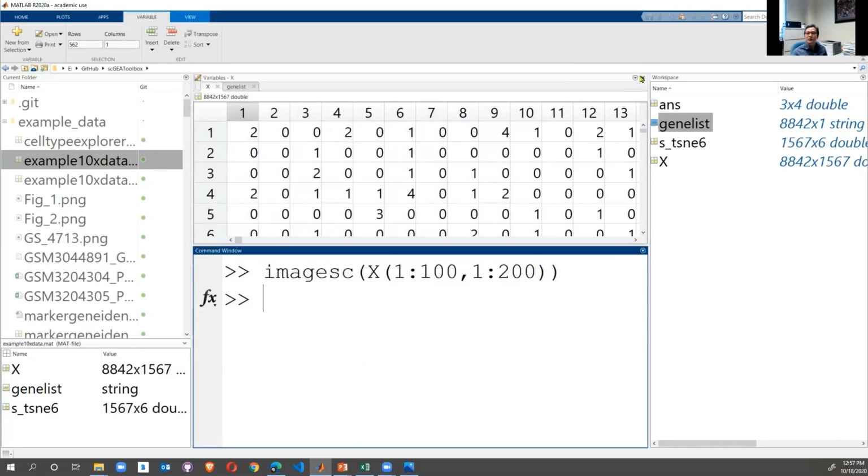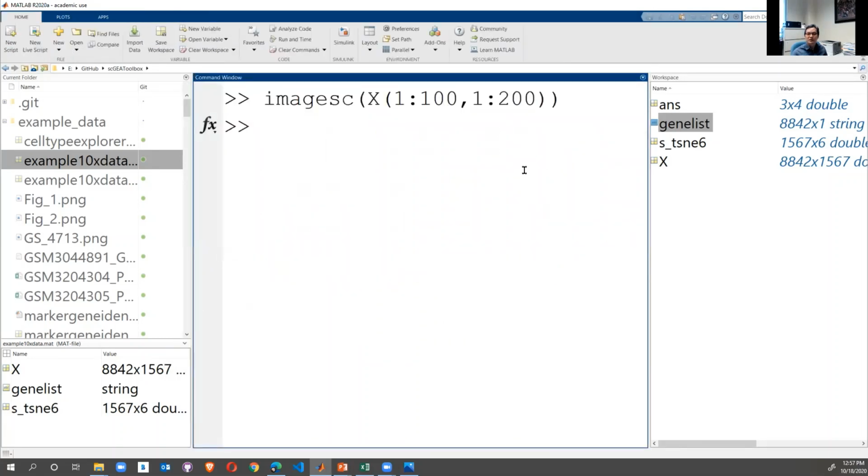So now I'm going to compute the library size from X. I'm going to clear my command line, and then for the library size, I give a variable name, lab size. All you have to do is compute the sum. So this gives you the library size of all the cells.